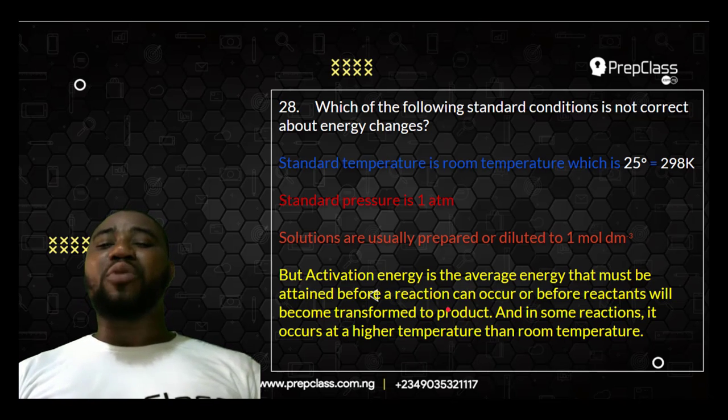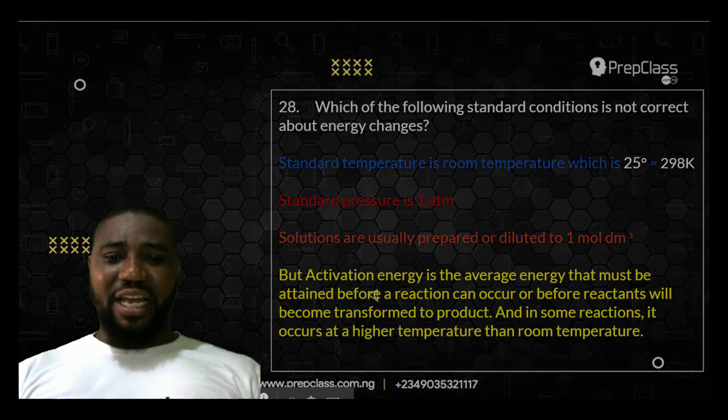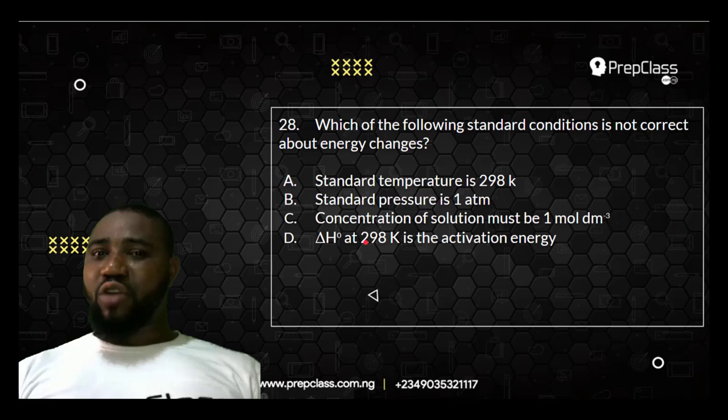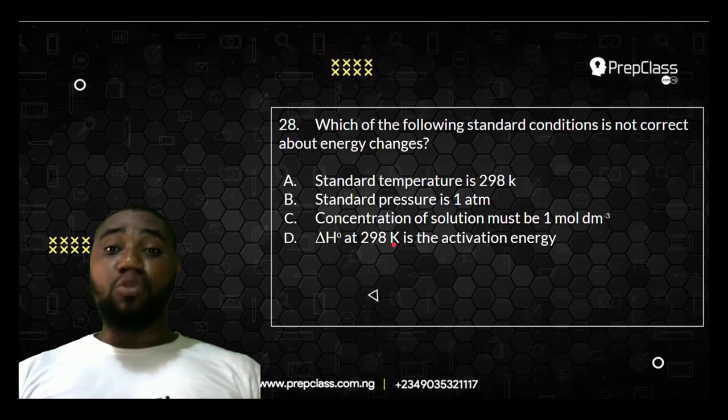Which simply means that before some reactions can attain activation energy, heat must be increased. Remember that boiling is 100 degrees Celsius. But this option is telling us that activation energy is at 293 Kelvin, which is 25 degrees Celsius. No, this kind of reaction I've given you takes place at boiling point, 100 degrees Celsius. So obviously, most reactions do not attain activation energy at room temperature.